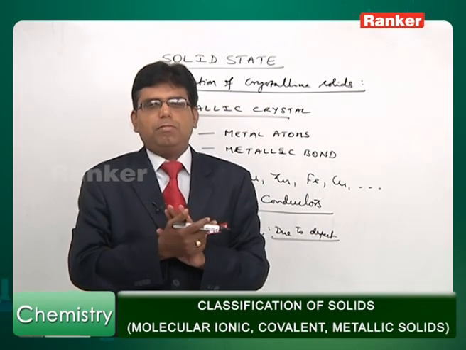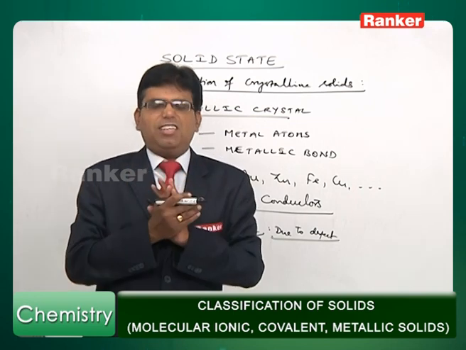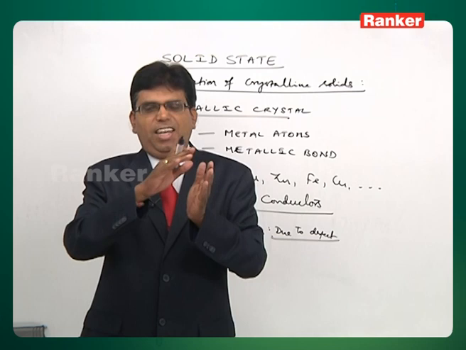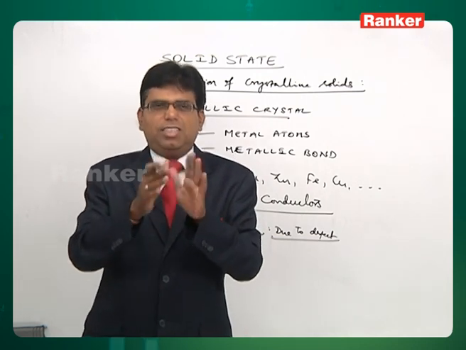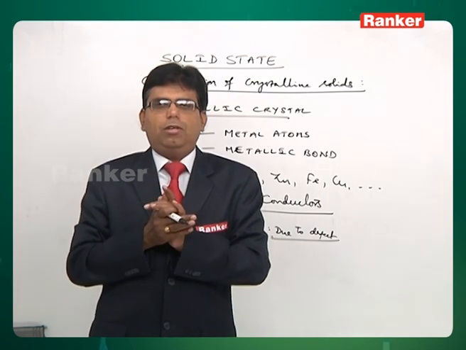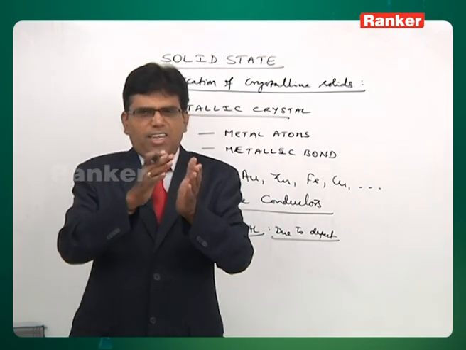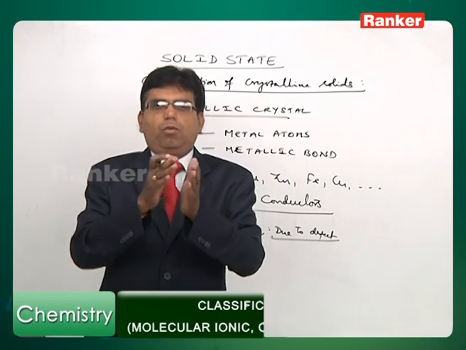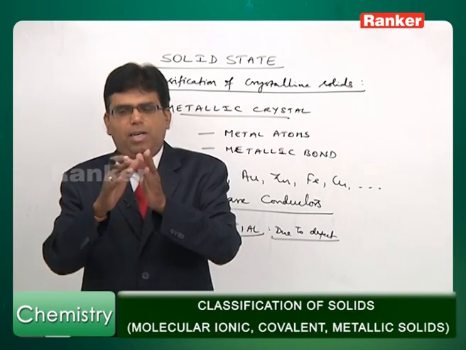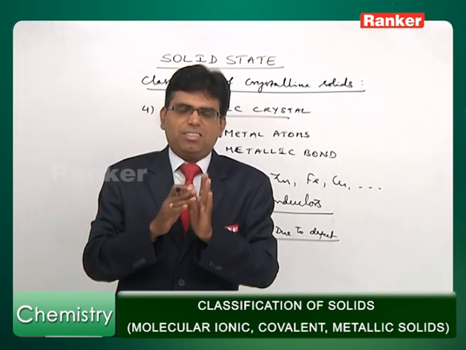The next is, in the crystalline solids, what are the different types of arrangement in which these atoms or molecules or ions can be arranged, and for any crystalline solid, first of all, what are the basic physical parameters we have to discuss.